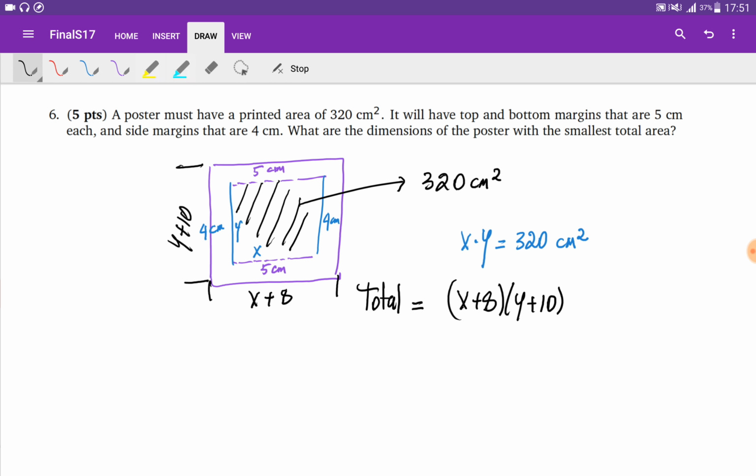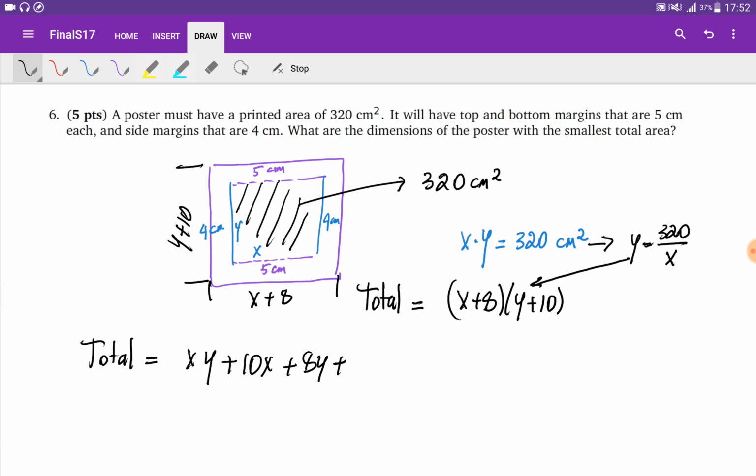So in order to do this, it depends on two variables, x and y. We need to get rid of one of them. So I'm going to use this equation. From here I can find that y is equal to 320 divided by x, and let's substitute this for y here. So the total area is going to be equal to, let me open up the brackets first, xy plus 10x plus 8y plus 80.